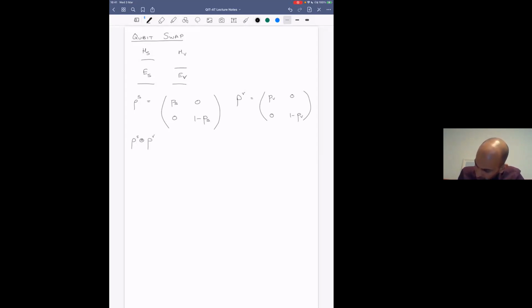And I perform the following unitary operation, which is swap. So there are 2 ways of looking at it. One is to say I swap the states 1, 0, and 0, 1 of SV. And the other way is to say I swap the full state.